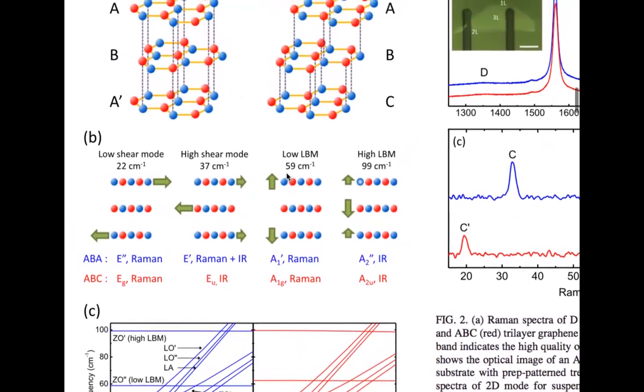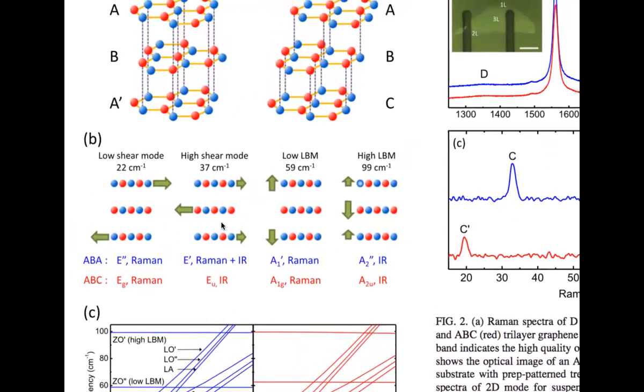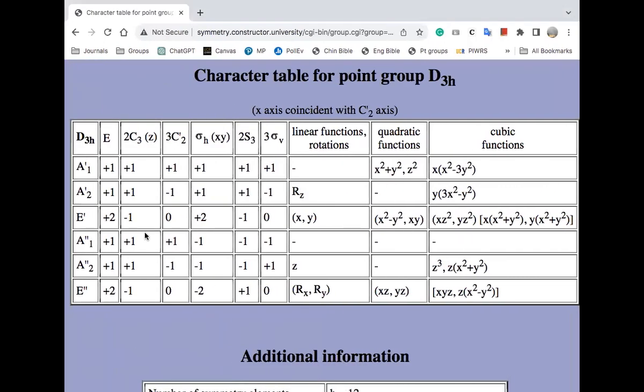And not very complicated. Okay, let's do a few more examples and exercises to get you more familiar with how to apply the group theory. Okay, let's get E prime. If you go to E prime, you can see that it has a vector XY. So that's why this mode is infrared active.